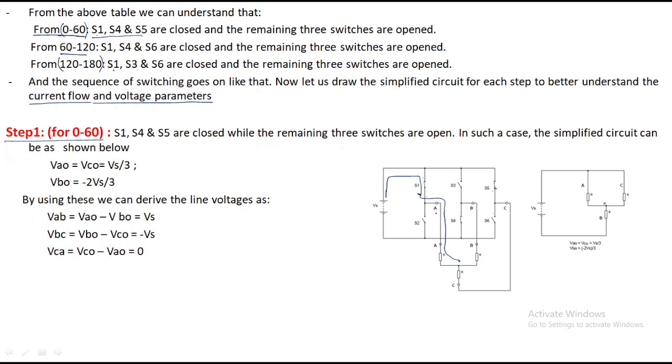What about B? What happened here? B will be in reverse direction. Look at here, the current will be in reverse direction, so it flows like this. And C, the upper will be conducted, so C will be like this.